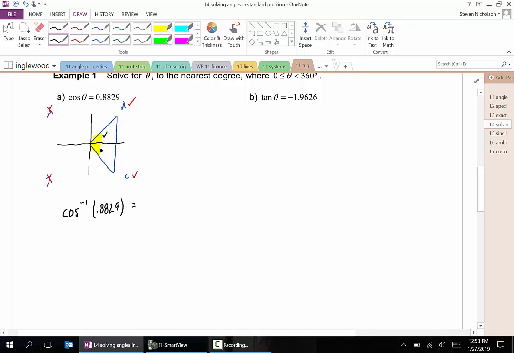We're going to have to do something to figure out this one. So our calculator is always going to tell us the answer in the first quadrant, and then we have to use that information to determine what the actual angle in standard position is. Given that cosine is positive, one of them is going to be in the first quadrant, and the second one is going to be in the fourth quadrant.